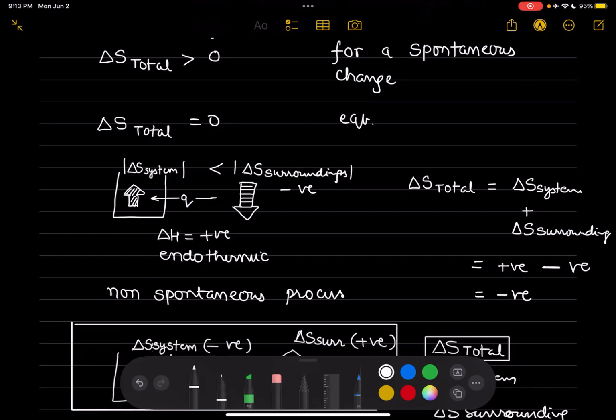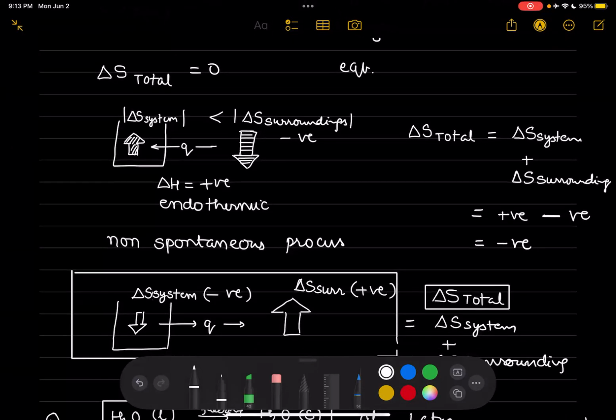I put 2 arrows, one moving up, one going down, to tell whether the entropy is increasing or decreasing, and the length of the arrow tells whether it is positive or negative. So this is positive for the system. You will be provided with the values. And this is negative, and negative is more, so the total entropy is decreasing if you add them. Got it?